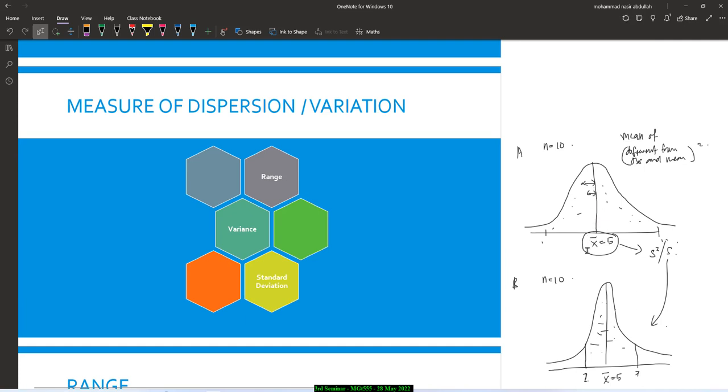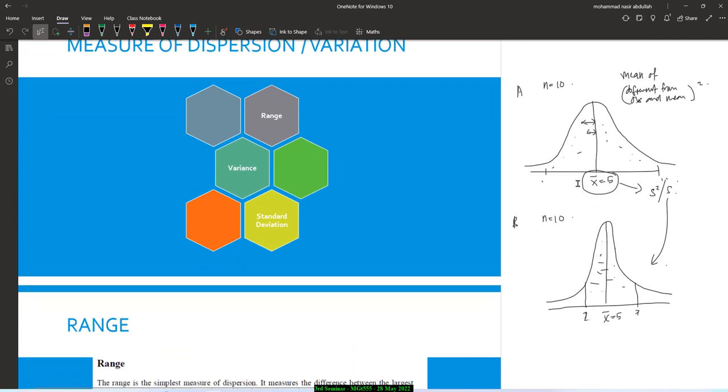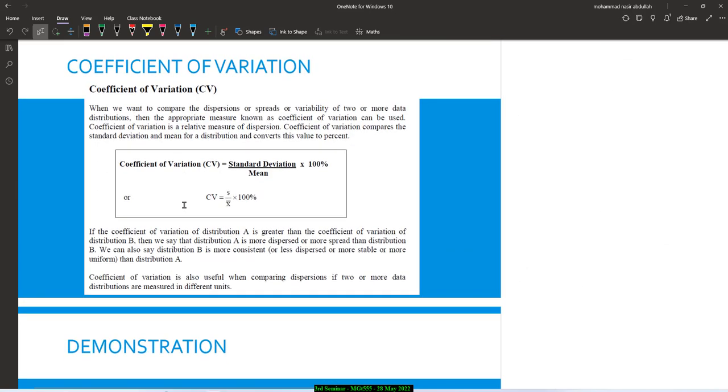If you want to know which distribution is more consistent and which has more spread, we need these two values, x bar and the sample standard deviation, so we use the coefficient of variation. The coefficient of variation is the standard deviation divided by the mean, multiplied by 100%. A small value means it is more consistent or less spread. If the coefficient of variation is large, it means more spread and more dispersed, right? So I hope you understand.